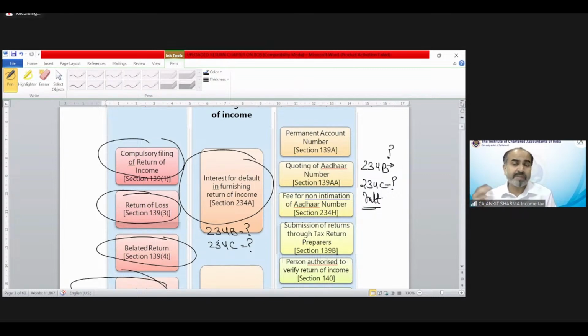Now, when is 234C applicable? In a short way, I just need the answer. Pooja is saying non-payment of installment; you should say short payment on installment, not non-payment.